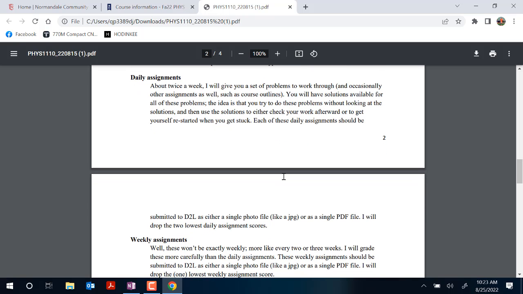Daily assignments. Whenever I give you your lecture videos and notes to go through for that week, I'll also assign some problems to work on. This is going to happen probably by tonight, for the first one. Those will come from the section in D2L that says daily assignments. And I do want you to turn those in because I want to make sure you're doing it. There are full solutions available for all of those.